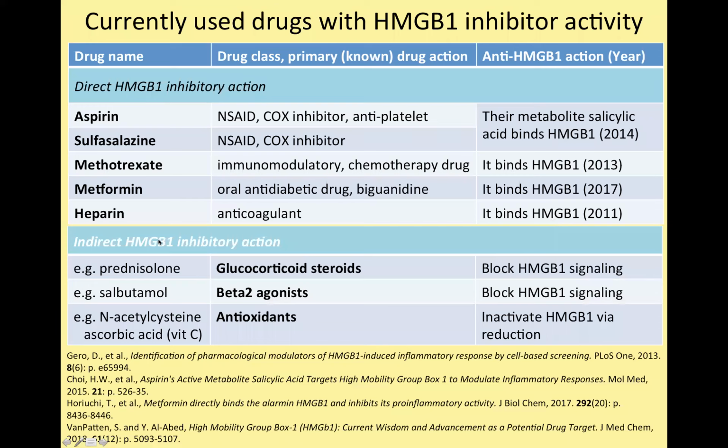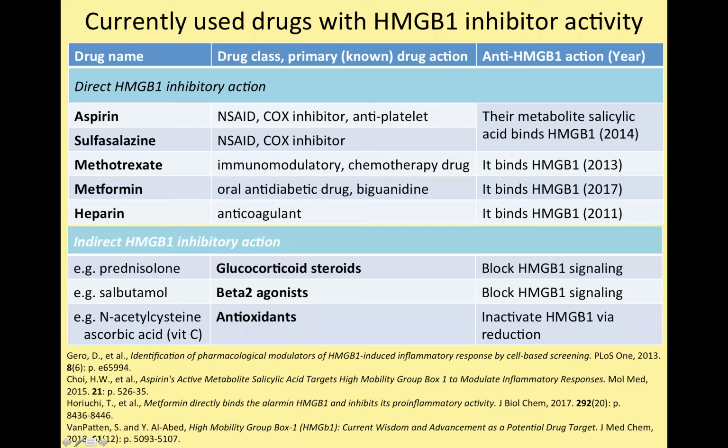On the other hand, HMGB1 might be indirectly blocked by certain agents, for example, glucocorticoid steroids. Glucocorticoid steroids block the reaction to HMGB within the macrophages at the very early steps.